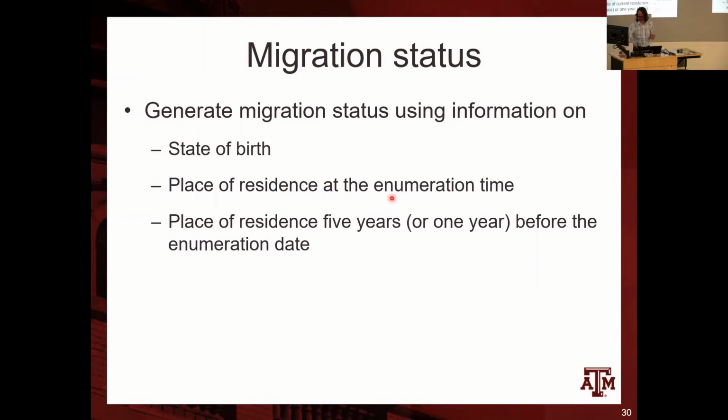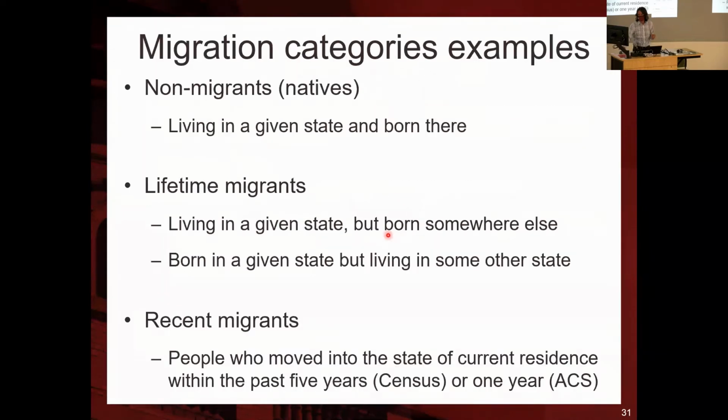If I'm using publicly available data, I use the PUMA of residence, the public use microdata area. If I'm using restricted data from the census, I can go to the county level. But using only these two sets of information, I can say that someone is an internal migrant or a non-migrant.